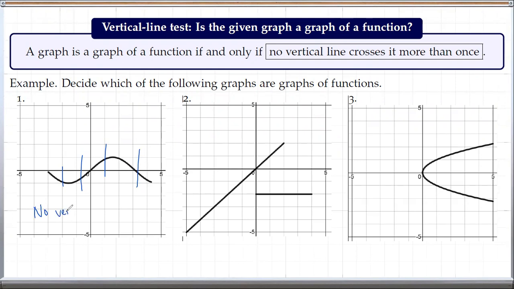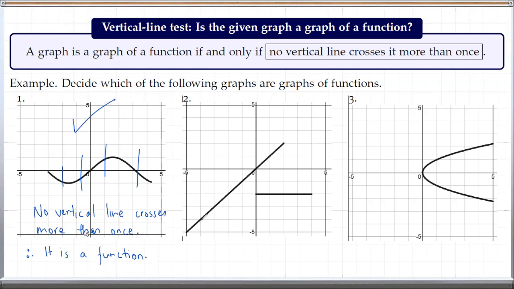So no vertical line crosses the graph more than once, which means it passes the vertical line test and it is a function.